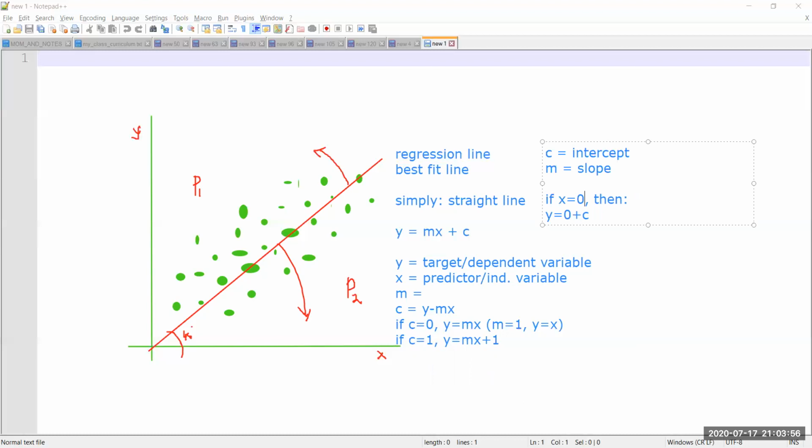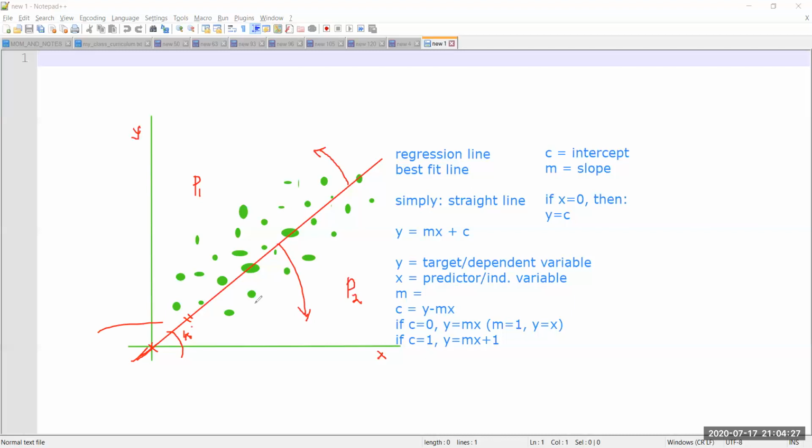So I can clearly remove this. If x is equal to 0, then y is equal to 0 plus c, or I can say y is equal to c. So the value of y becomes c if x is equal to 0. So that is the starting point of this graph. That is why it is called the intercept, because that is the point on the y-axis where this line is actually touching the y-axis.